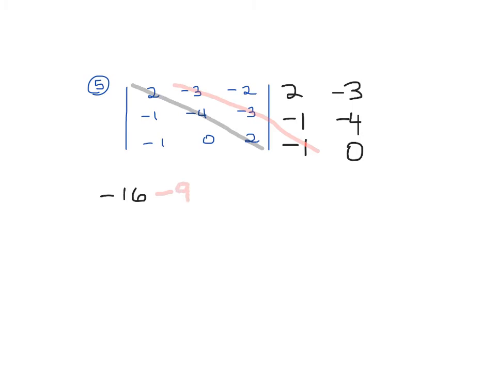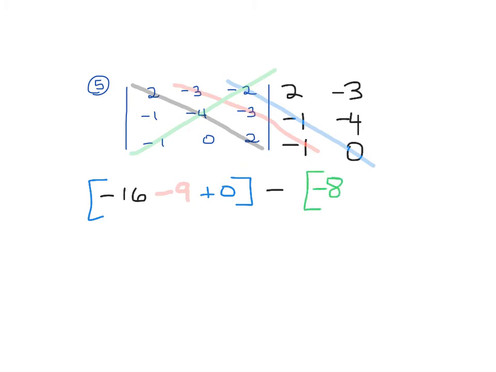Then I'll go down the next diagonal. -2 times -1 times 0 gives me 0. I'm going to subtract now, going from bottom to top. -1 times -4 times -2 gives me -8.